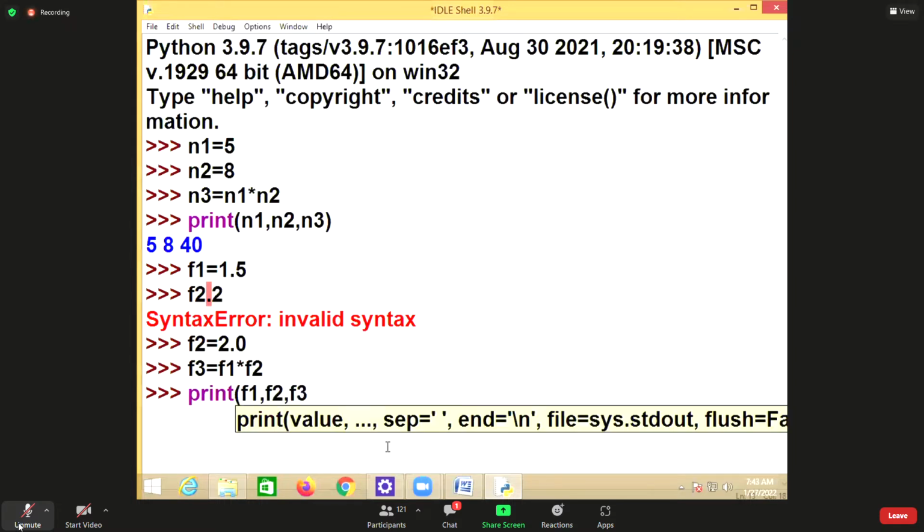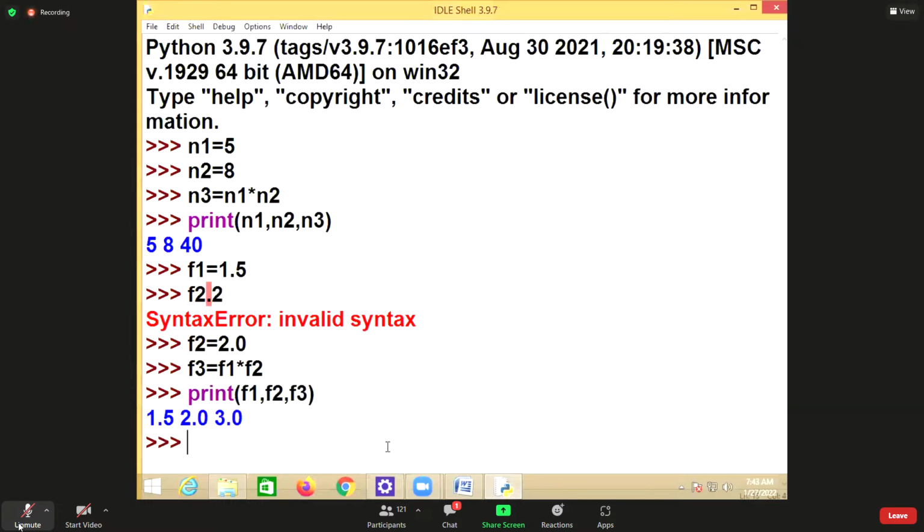So there is f1, f2, and there is one more value called f3. If the operands are numbers, it will do multiplication.